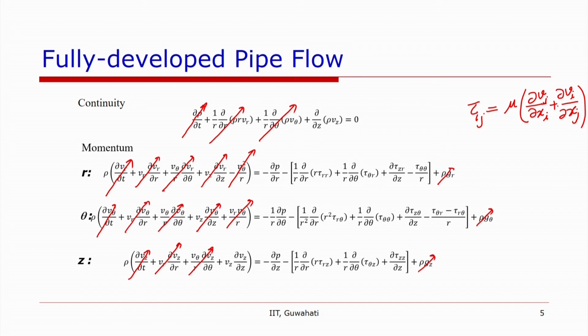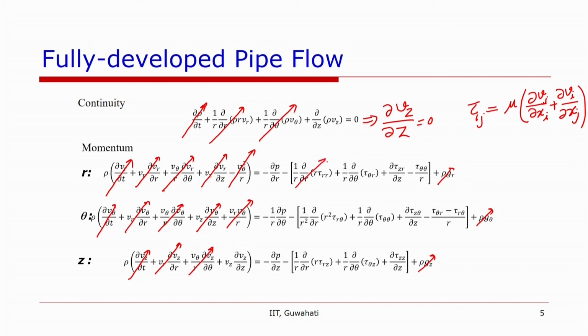So, if Vz is non-zero, this term gives us that del Vz over del z is equal to 0. Okay. From here we can see that all the stresses except tau rz will be 0, because tau rz has del Vz over del r. All other stresses will be 0 in this case.